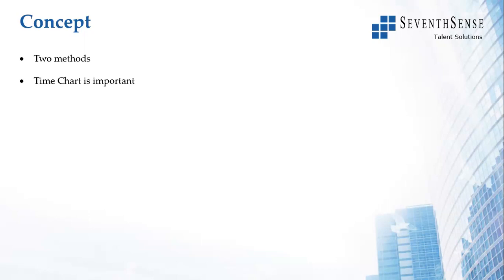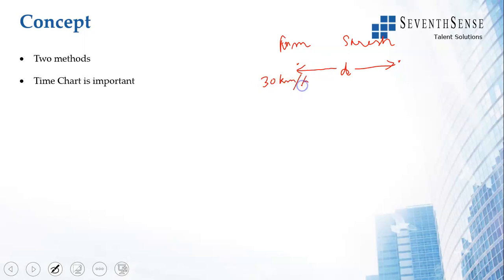Ramesh and Suresh are going from the home to the mall, and we'll take that distance as D. Let us say Ramesh's speed was 30 kilometers per hour and he was early by 6 minutes.